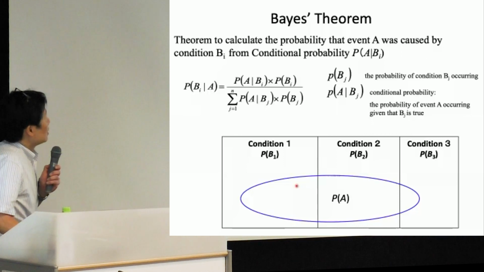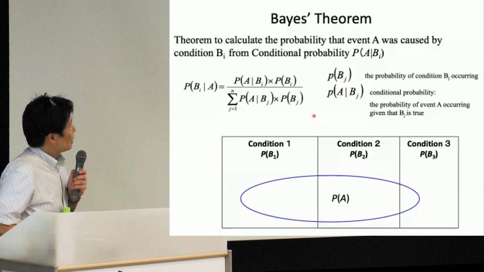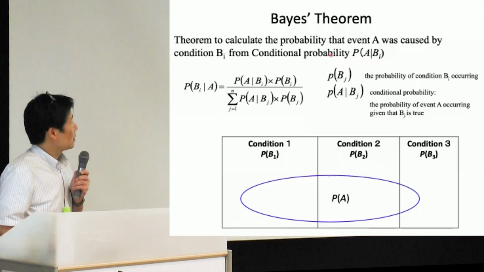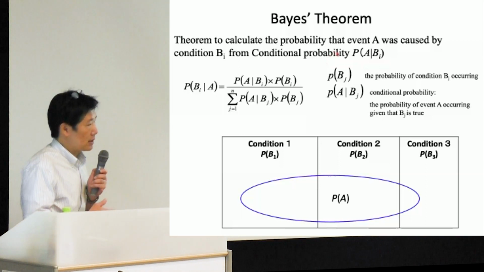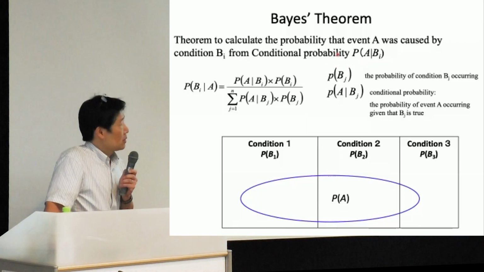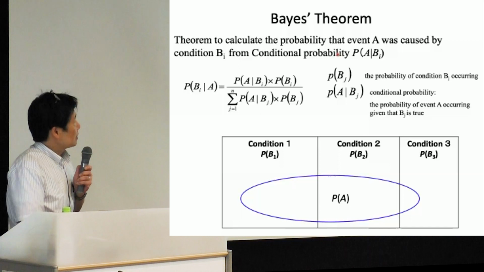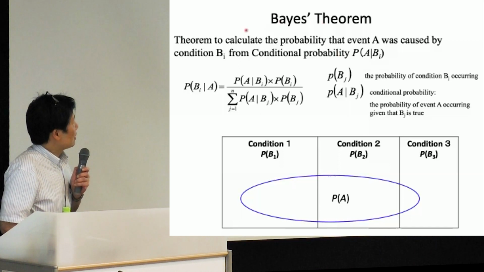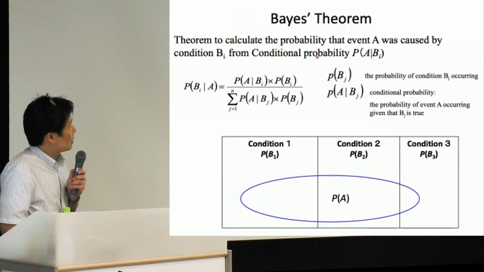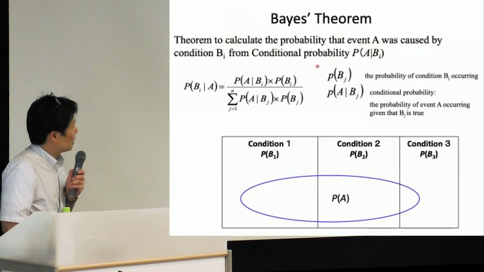But anyway, in Bayes' theorem, let's consider the situation where we know the results and we want to know the cause of the results. So this theorem can give an answer: the probability that some event result A was caused by condition B, from the conditional probability.